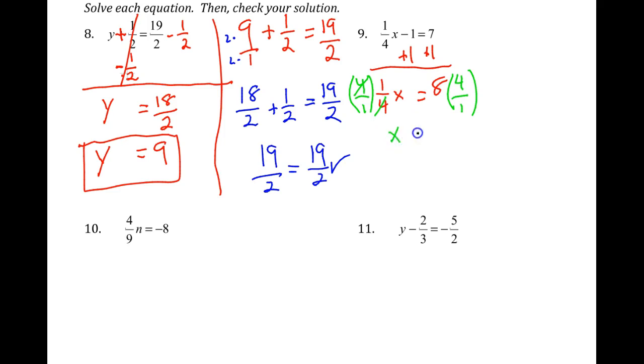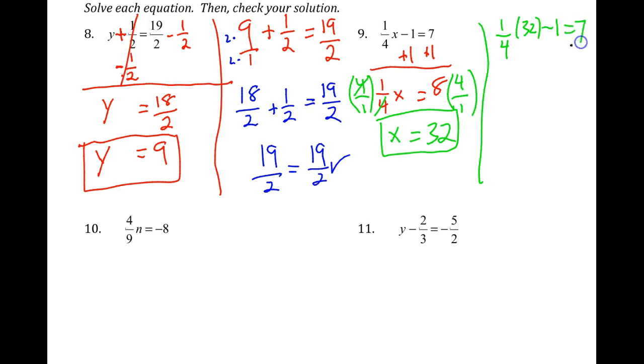We'll have 1x equals 32. And then plug it back in. 1/4 of 32 minus 1 equals 7. 1/4 of 32, or 32 divided by 4, is 8. And then 8 minus 1 is 7.